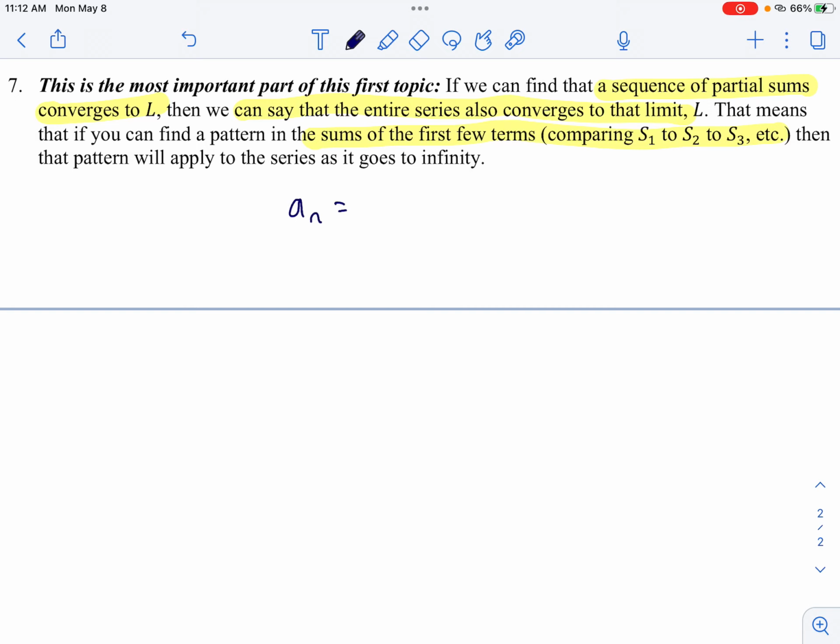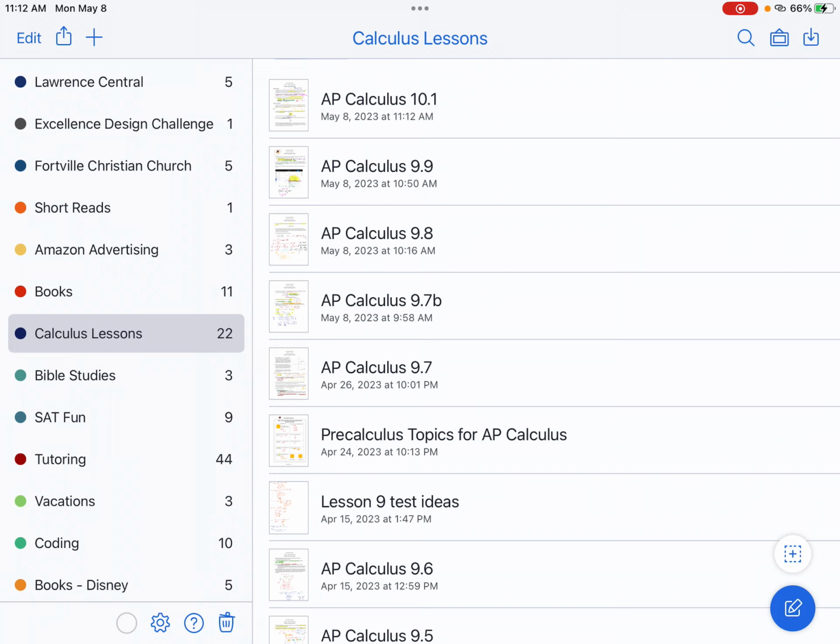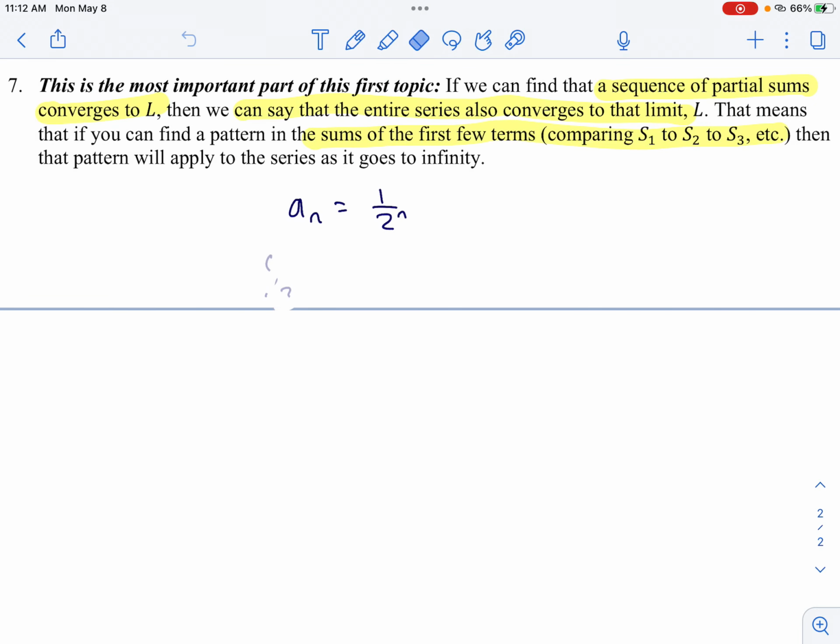So let's say we have a sequence defined by 1 over 2 to the nth power. And let's say I wanted to find the sum of the first 3. So that looks like an integral sign. Now let's fix that. And let's say just the letter S sub 3. Okay, so I guess we'll just define that n starts at 1.